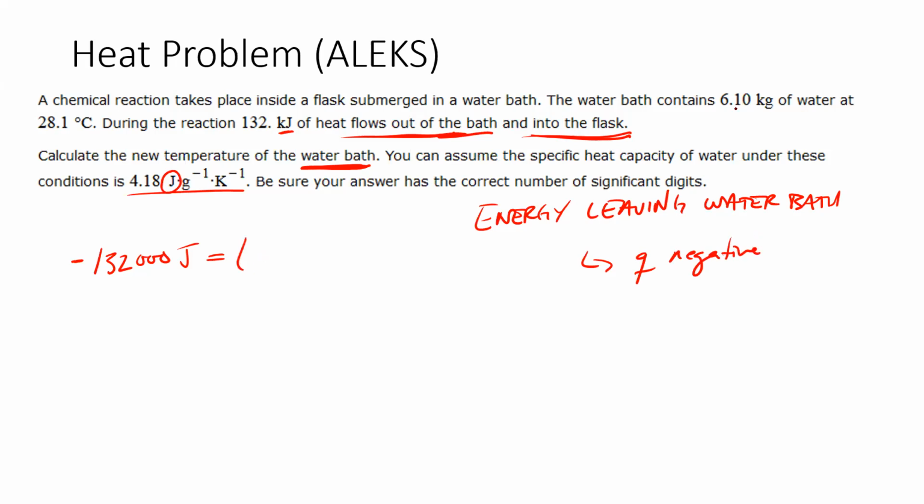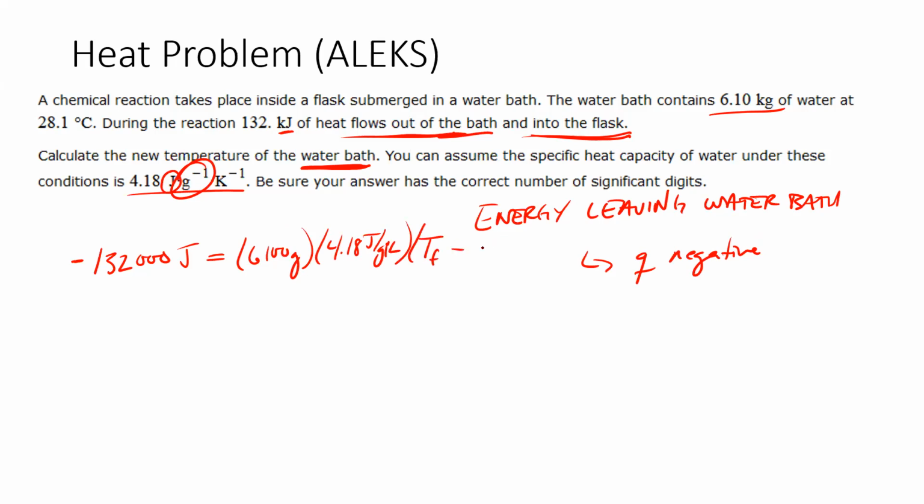So how much water did we have? 6.1 kilograms. Again, our unit should be in grams. So that's 6,100 grams times 4.18 joules per gram Kelvin, they say. The final temperature is what we're solving for, TF.